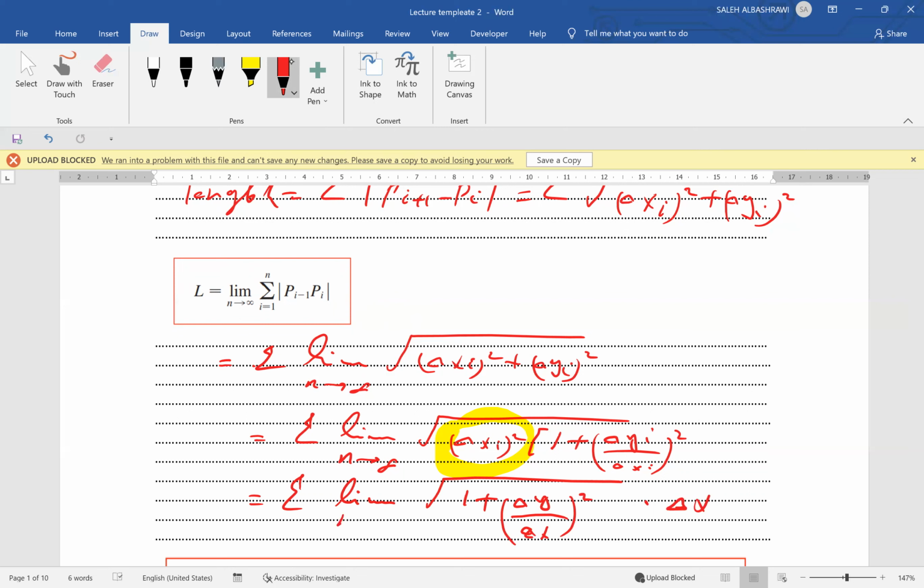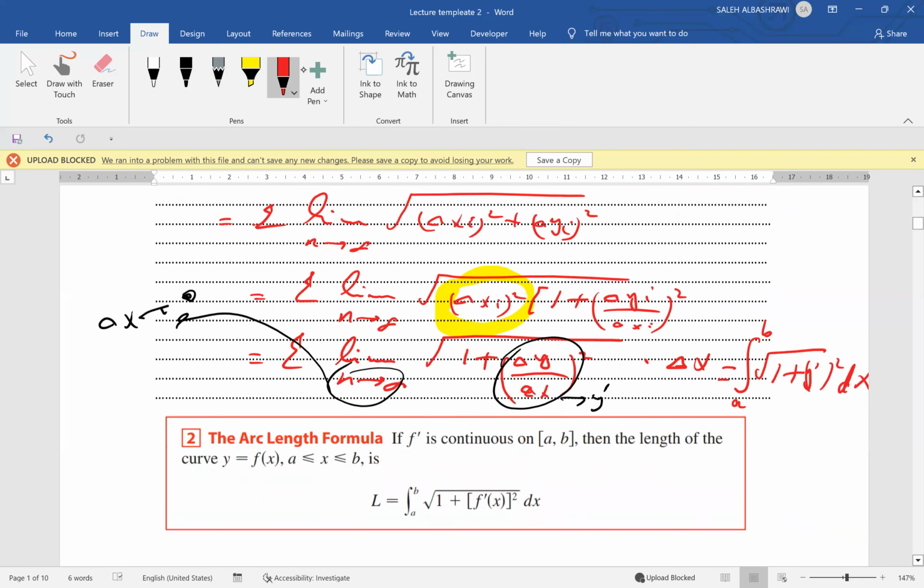But as n goes to infinity, this means that delta x goes to 0, which means this can be written as an integration. The limit of delta y over delta x as delta x goes to 0 is the derivative of the function, y prime. So we can say the arc length can be written as the integral from a to b of the square root of 1 plus y prime squared dx.